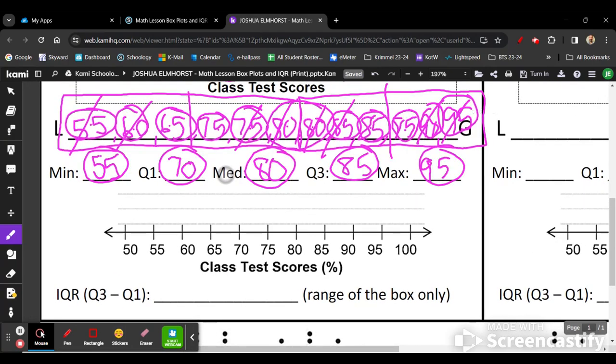Go down below. The first point is going to be at 55. The second point is at 70. The third point is at 80, 85, 95.